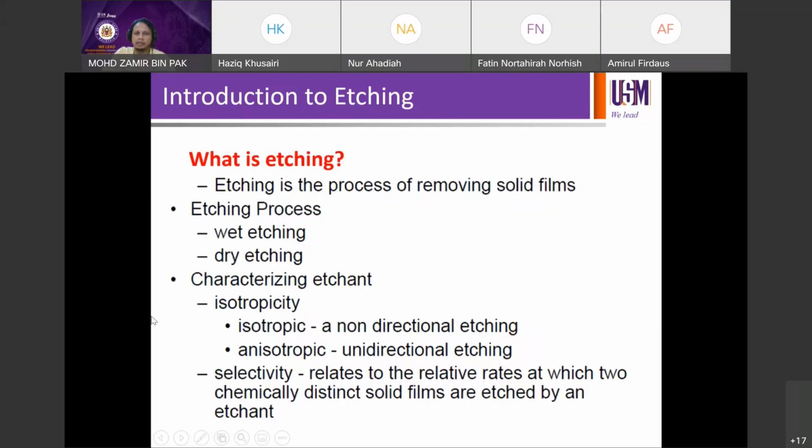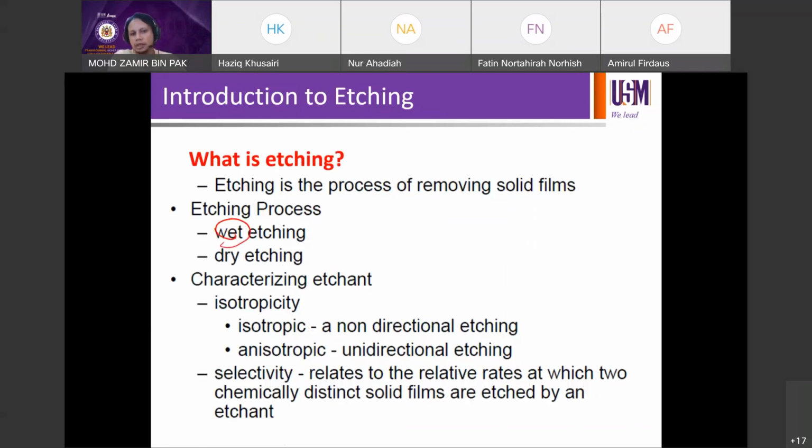So what is etching? Etching is a process of removing solid films, generally. So it could be resist, it could be silicon, it could be oxide, it could be nitride, it could be carbide, it could be some other material as well. When you talk about etching, about removing materials, it can be done by wet etching.